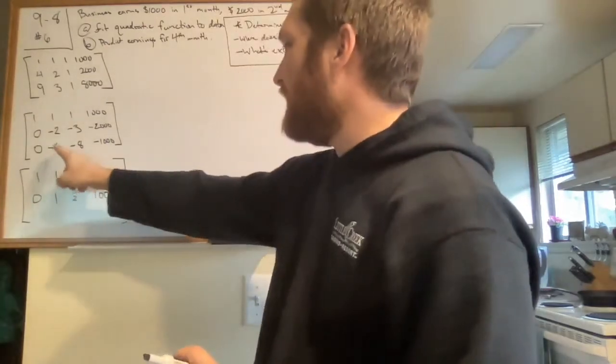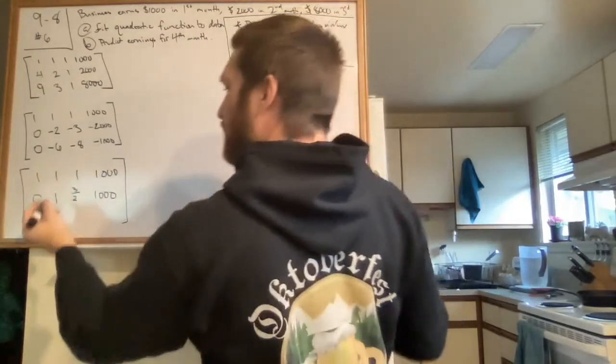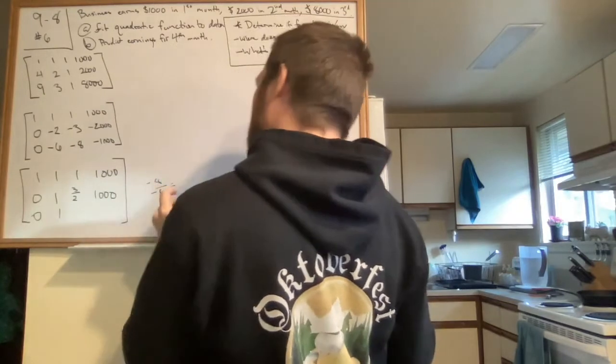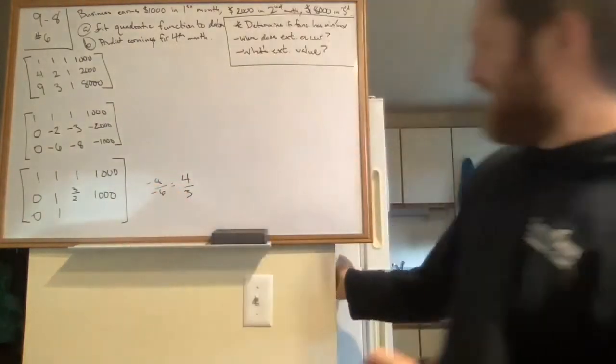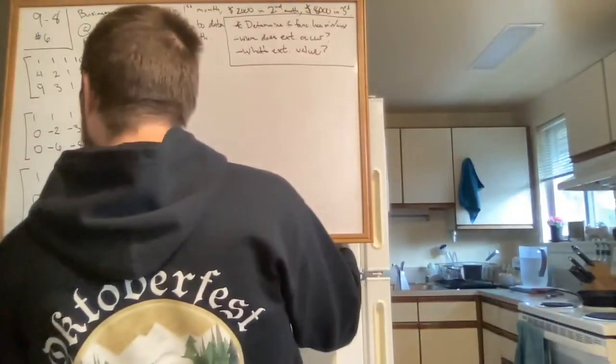Dividing this thing through by -6 gives me a 0, 1. Now -8 over -6 is the same as +4 over 3.